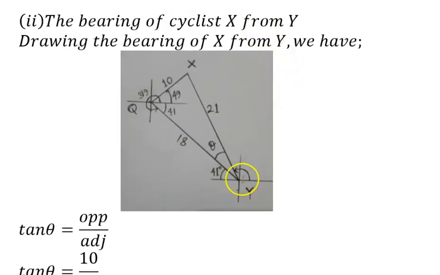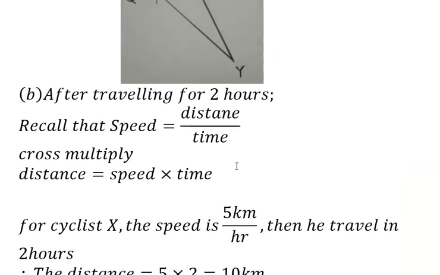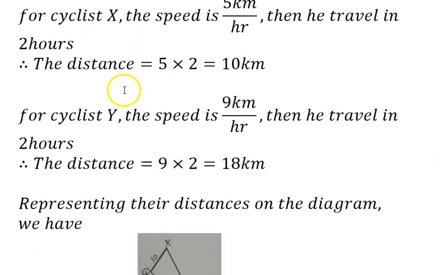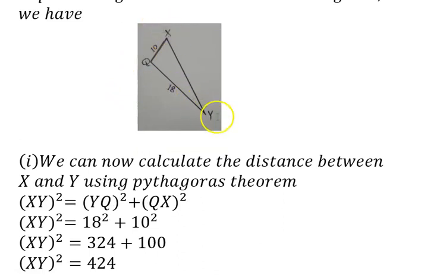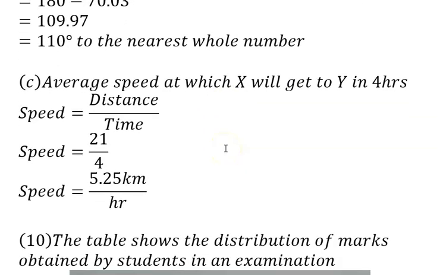At which S will get to Y in 4 hours. So we know the distance already to be 21. Distance over time, in 4 hours. Just divide it and you have the speed to be 5.25 km per hour. Awesome.